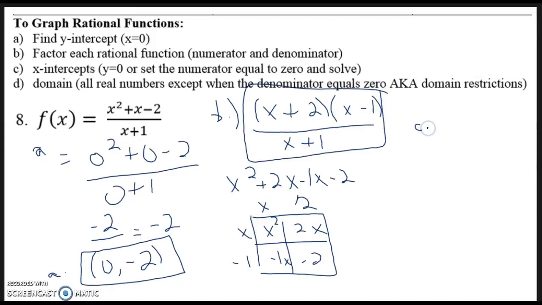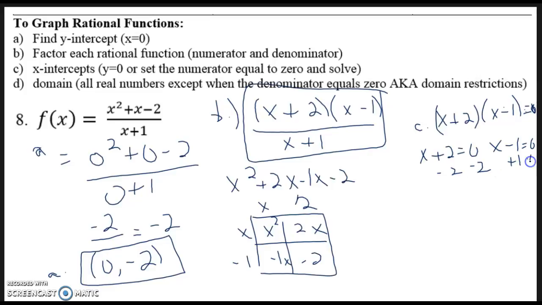For C, I need to set the numerator equal to 0. So x plus 2 times x minus 1 equal to 0. Split the two parts. X plus 2 equals 0. X minus 1 equals 0. Subtract 2.